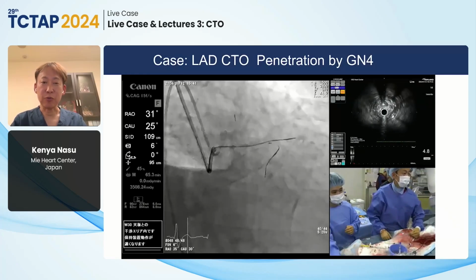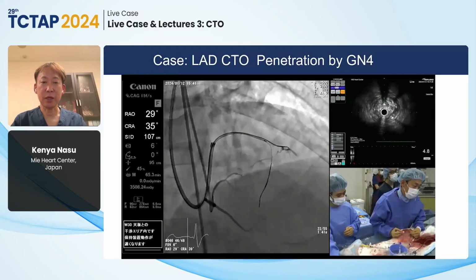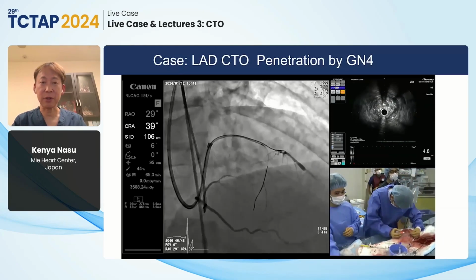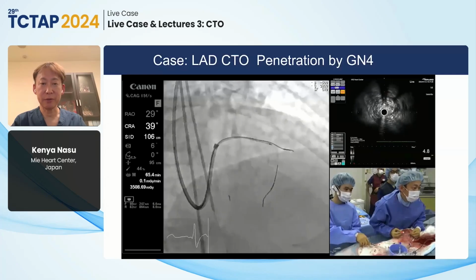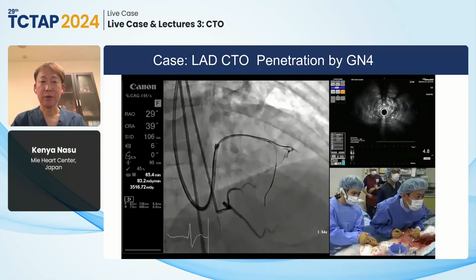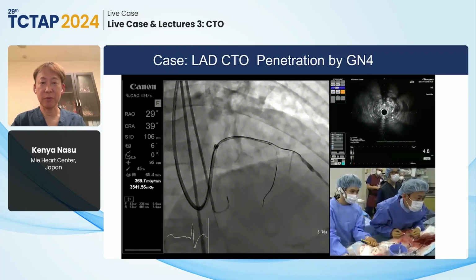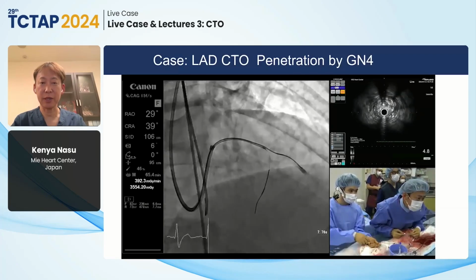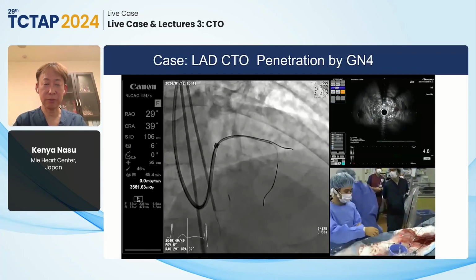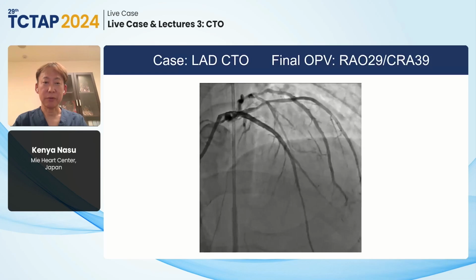This is the penetration plane view. And then we check the wire direction again in the OPV. Now the wire tip is okay. So I push the Gaia Next and reach the distal landing zone. This is the final result.